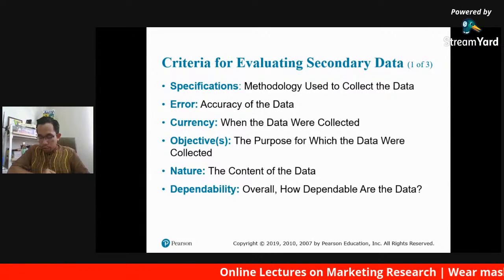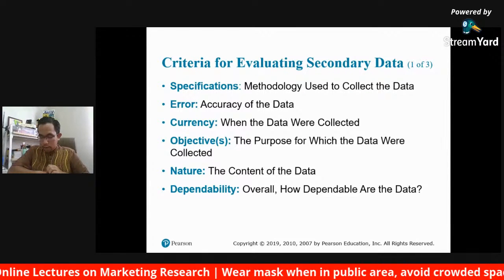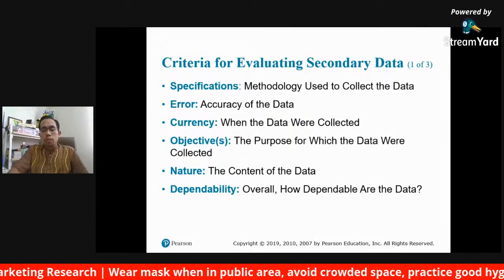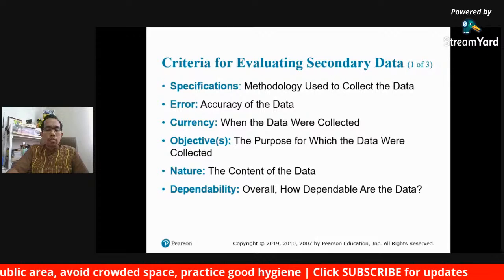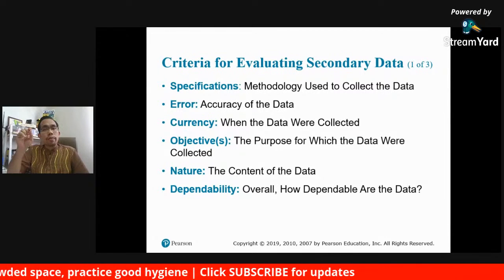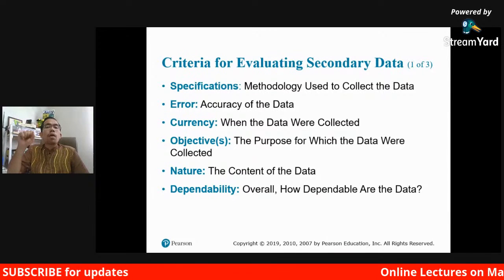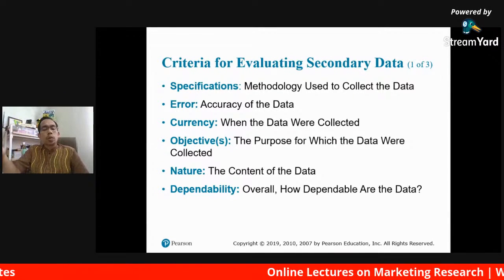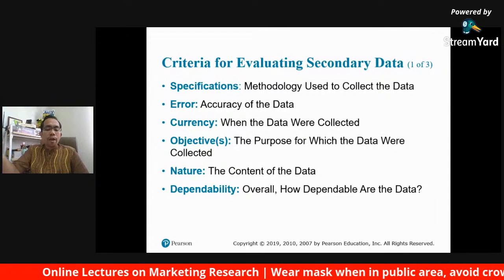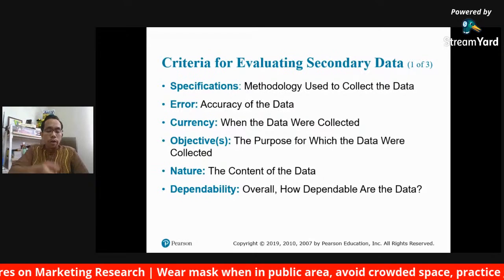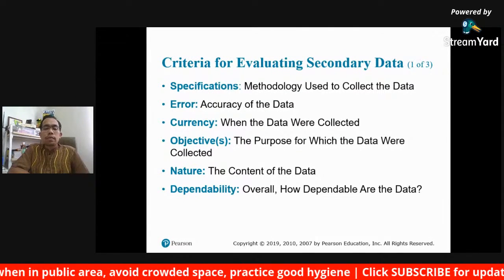So the reliability and validity issue is another thing that we need to make a major concern. Why? Because we need to report a finding that is accurate to our current problem. Then error, the accuracy of the data, currency.